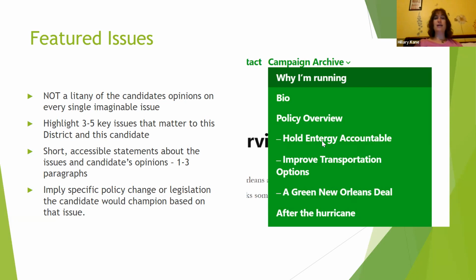Entergy is the local energy utility, so it's very specific to New Orleans. Also notice the Green New Orleans deal. That's a really nice way to take a national platform issue and localize it. What would it mean to have a Green New Deal in your community, for example?